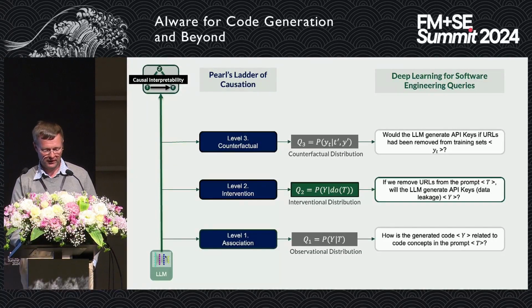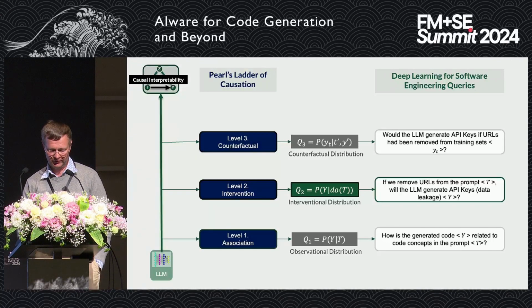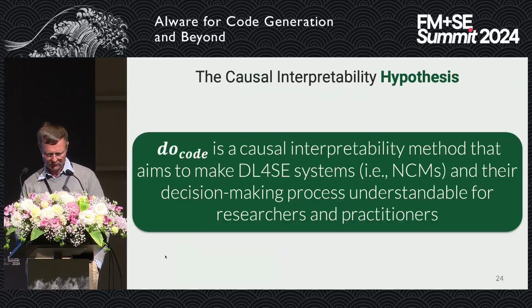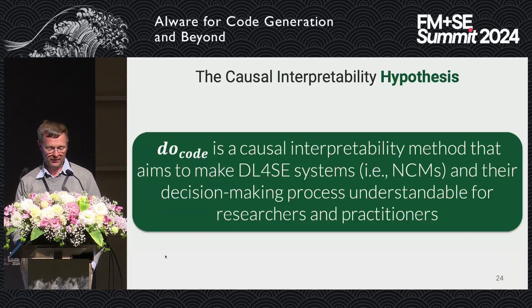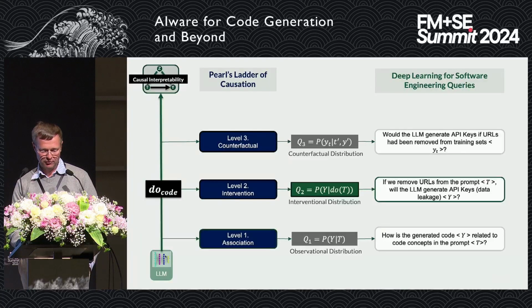There is a third level, counterfactuals, but in this case, it may require a little bit more work like model retraining. So the framework that we came up with is called DECODE, which is a framework for a causal interpretability method that aims to make the decision-making process of deep learning for software engineering systems more understandable for practitioners.